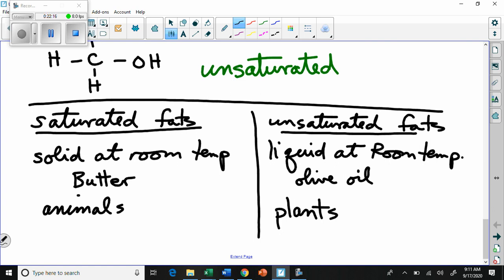One of the reasons why we need to maintain a homeostatic temperature of 98.6 degrees Fahrenheit is to make sure that our fats are just the right amount of mushy. If we get too cold, we become just like butter. We would freeze up. And if we get too hot, our fat would melt, just like butter. So our body temperatures are idealized for the saturated fats that we have, to keep them just the right amount of gooey, because you want them to be a little bit gooey, but not a lot.